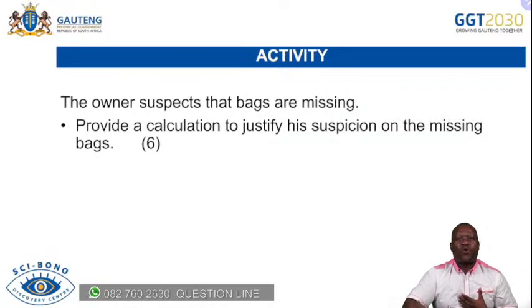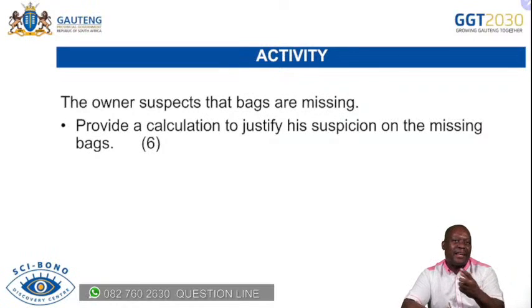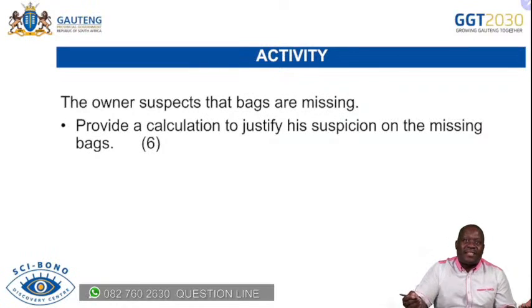But there's also a follow-up question, which is going to tell us sometimes a little bit on what we need to be aware of and what brings about internal controls. The owner suspects that the bags are missing. Oh, people are stealing. Provide a calculation to justify his suspicion on the missing bags. So we want to ascertain whether bags are really missing, or the owner is just paranoid and thinking, people are stealing from me.